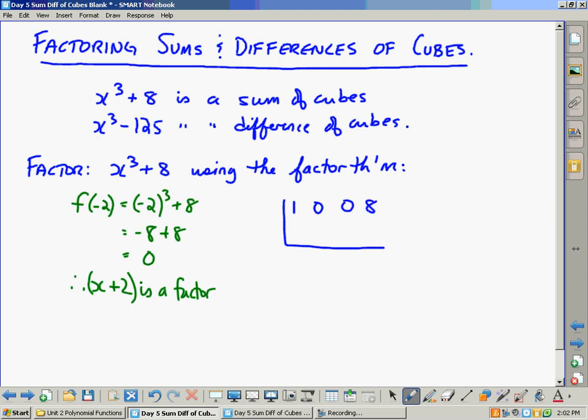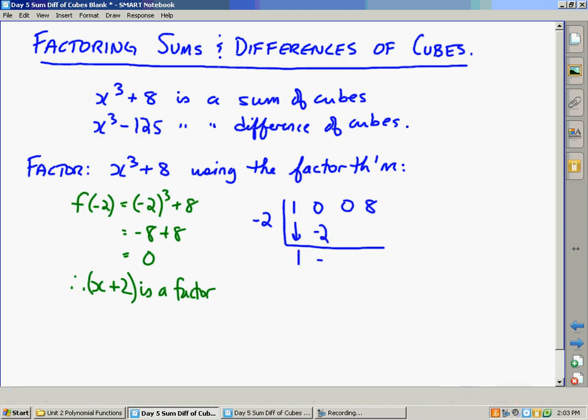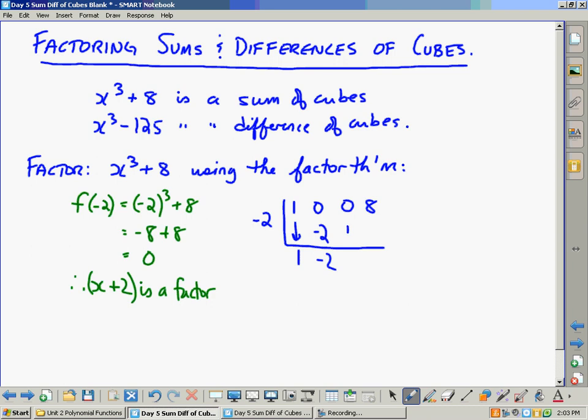Since the factor is x plus 2, we write the root of -2 here. We keep the 1. -2 times 1 is -2. We add, we get -2. Multiply, we get +4. Add, we get 4. Multiply, we get -8. And not surprisingly, we get 0 as a remainder because we already knew it was a factor.